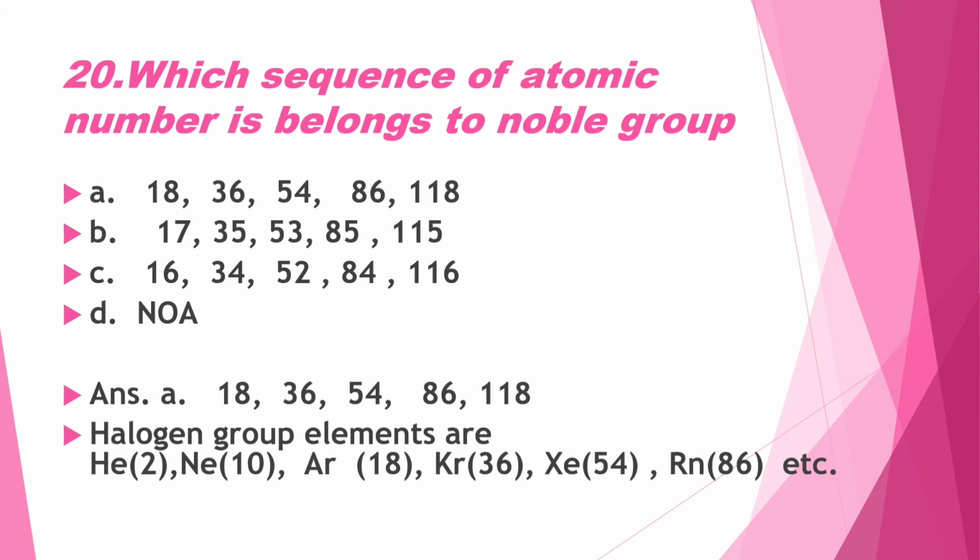So the series of atomic numbers of noble gas elements are 10, 18, 36, 54, 86. Therefore, A is the correct option. 18, 36, 54, 86 and 118. These are the noble gas elements.